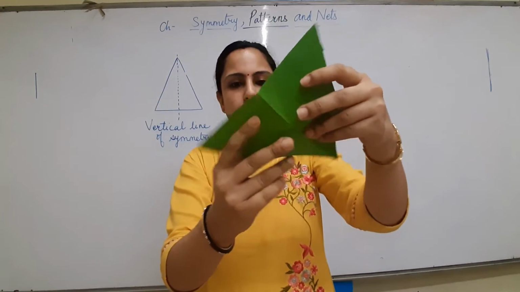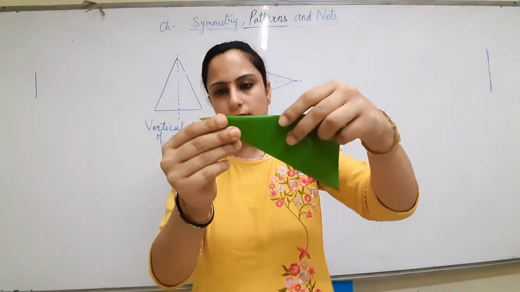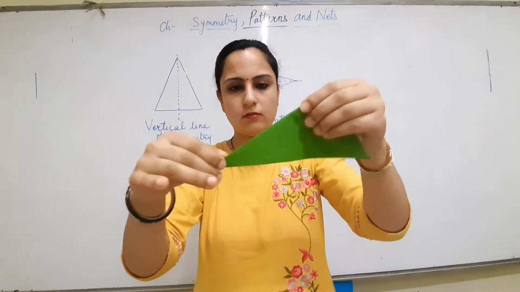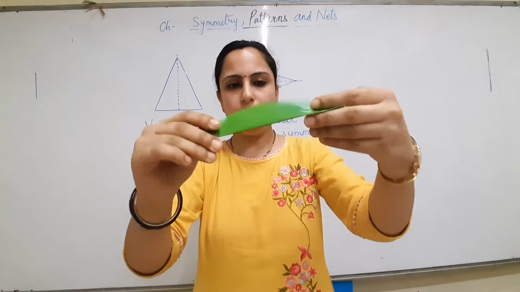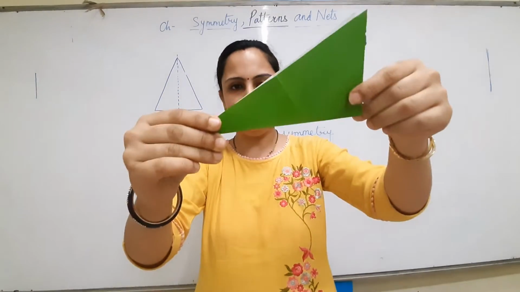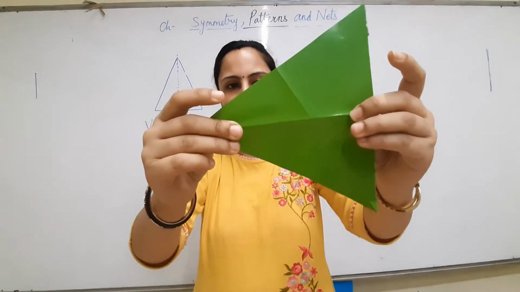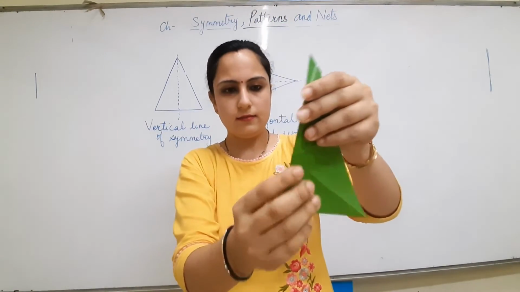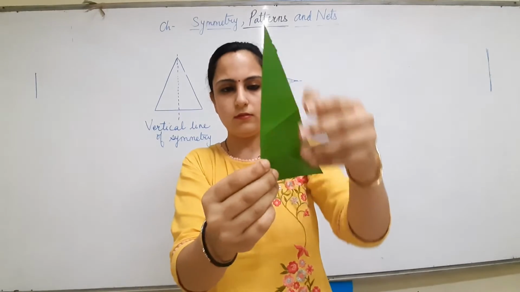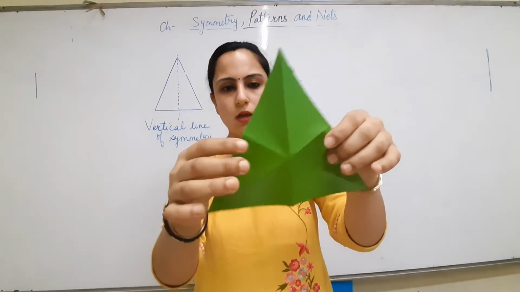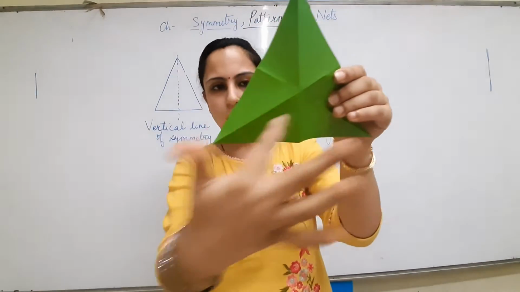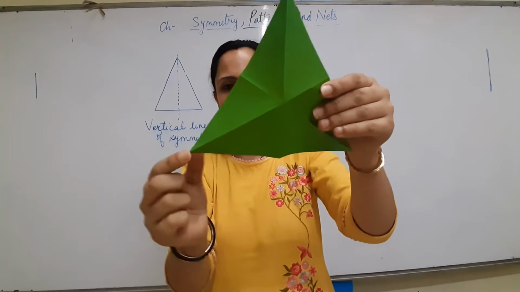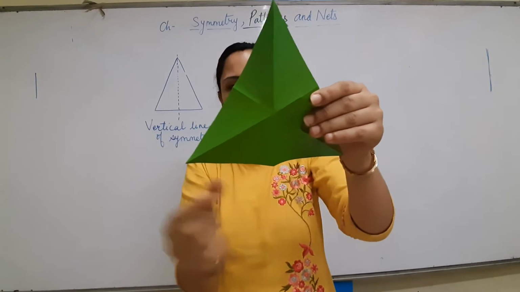Now when you fold it like this, this is one more line of symmetry. See, it is exactly overlapping. And when you fold it like this, the third line of symmetry, you can see 3 lines are formed along the 3 vertices of the triangle.